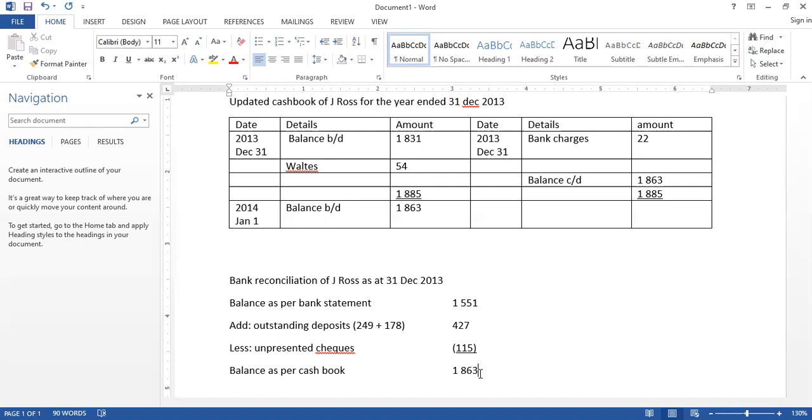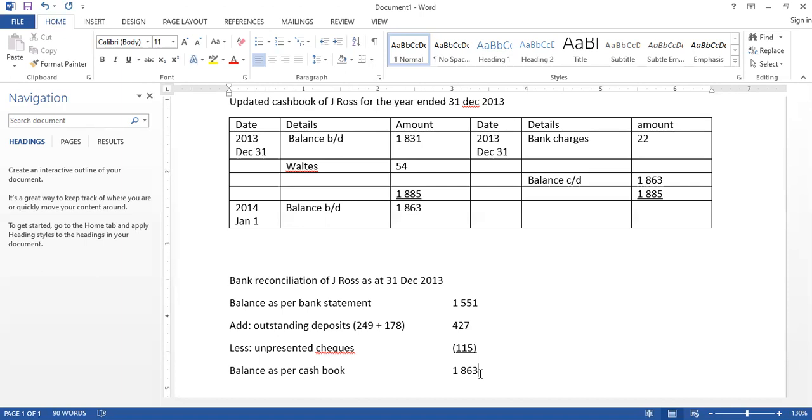This is an outstanding deposit. We deposited the money on the last day, on the 31st of March, and on the 31st of March is when we received our bank statement. So we probably received our bank statement before we even deposited. You understand? So that is an outstanding deposit. It is not reflecting on the bank statement, and therefore it should be recorded in the bank reconciliation statement.